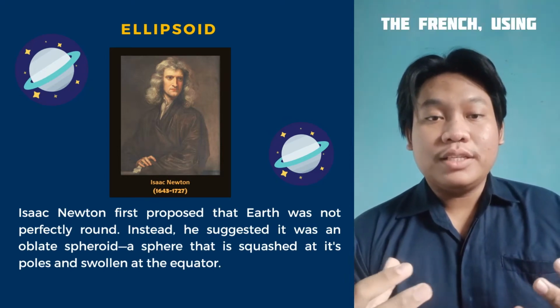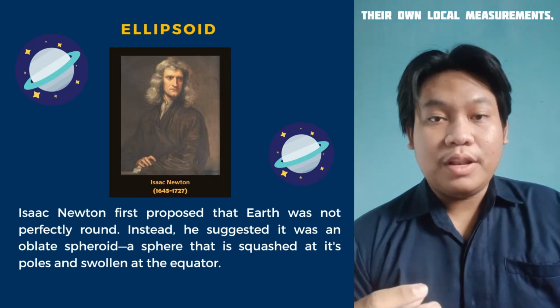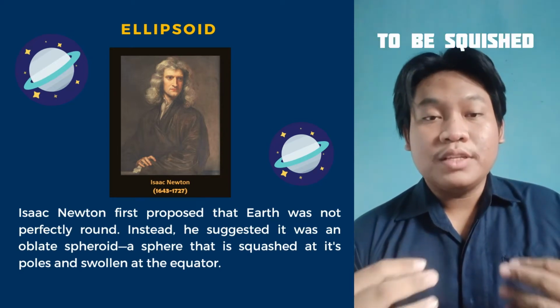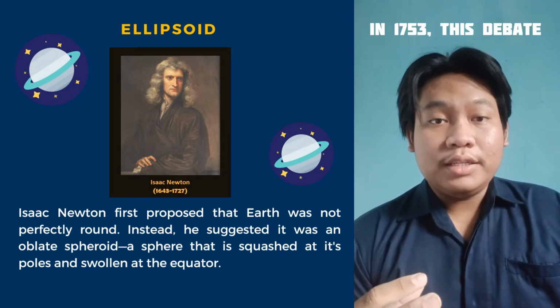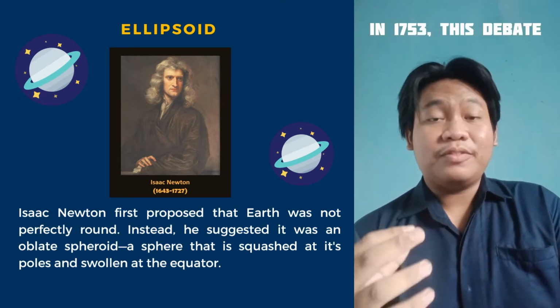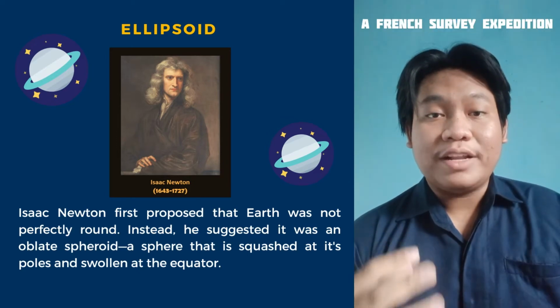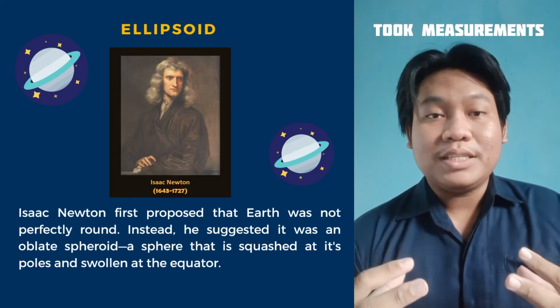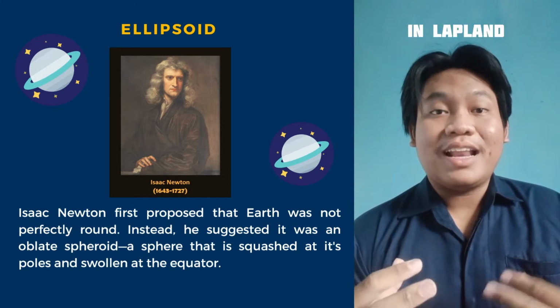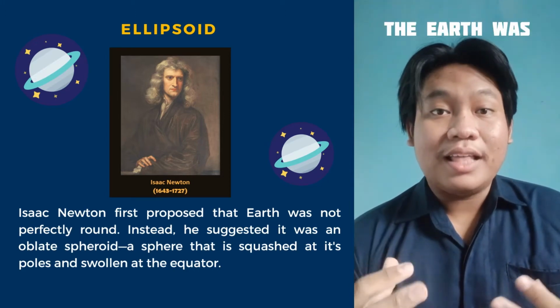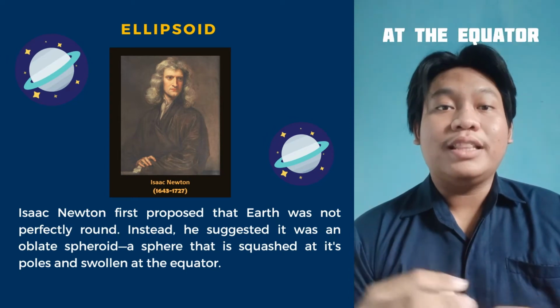The French, using their own local measurements, believed the Earth to be squished at the equator and bulging at the poles. In 1753, this debate was resolved when a French survey expedition took measurements at the equator in Peru and the Arctic circle in Lapland and determined that the Earth was indeed bulging at the equator.